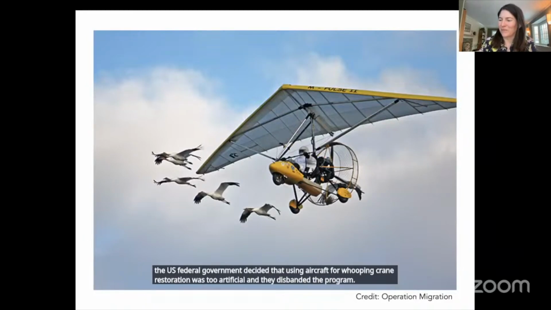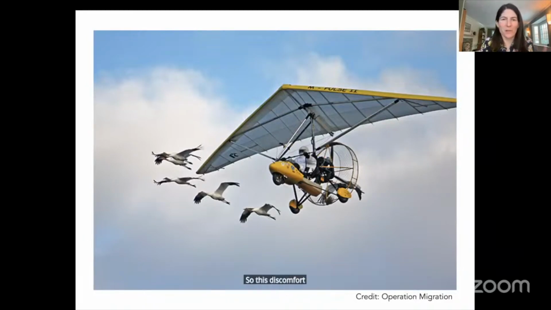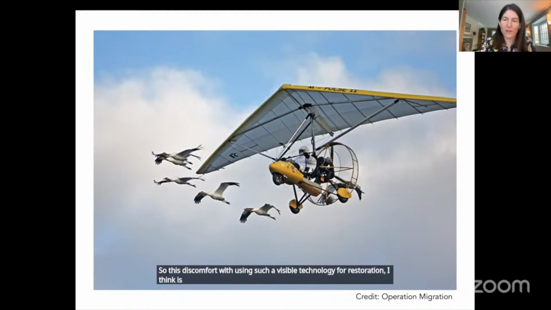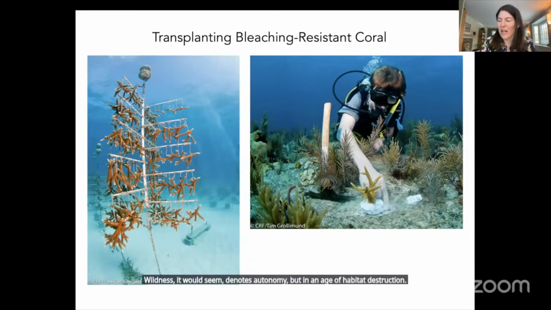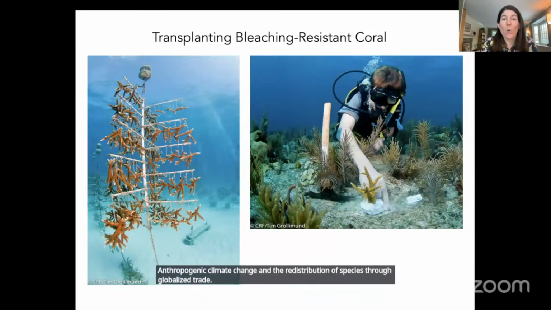So this discomfort with using such a visible technology for restoration, I think, is the important thing to think about here, because wildness, it would seem, denotes autonomy, but in an age of habitat destruction, anthropogenic climate change, and the redistribution of species through globalized trade, wildness requires curation.